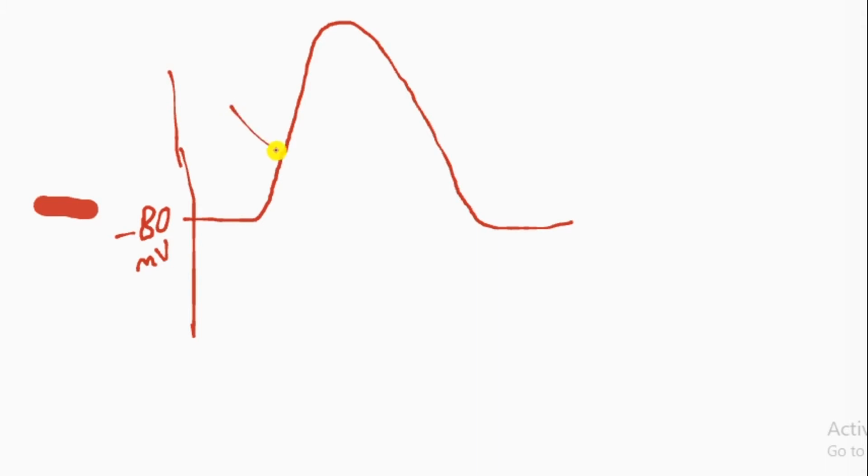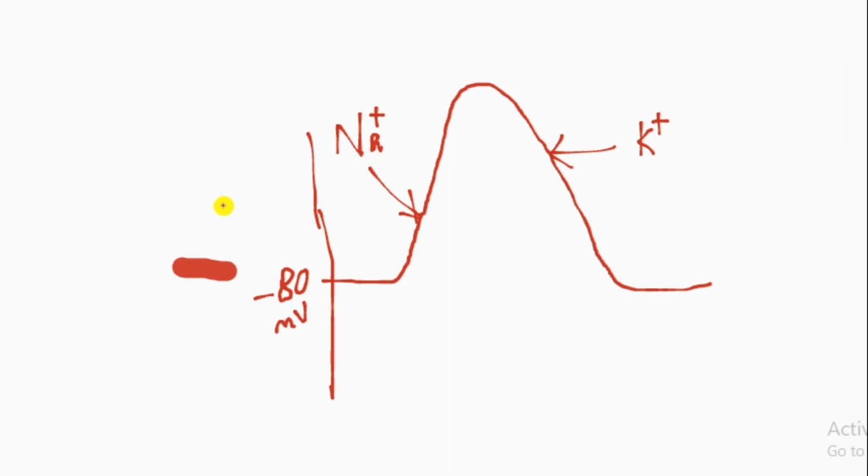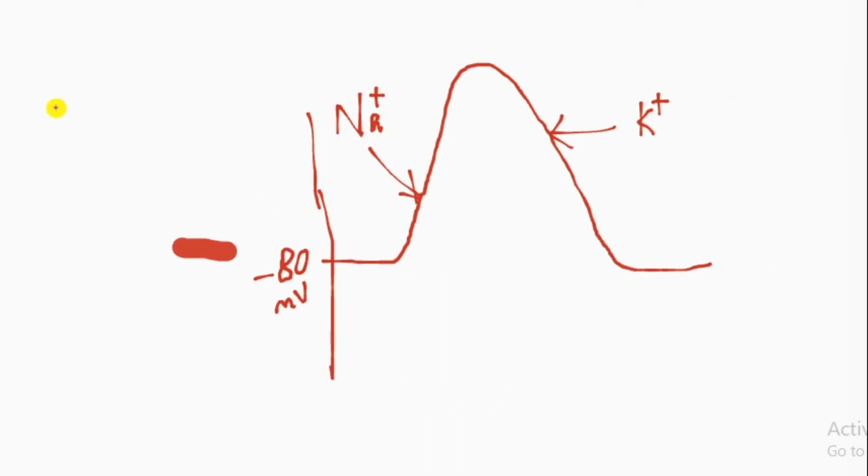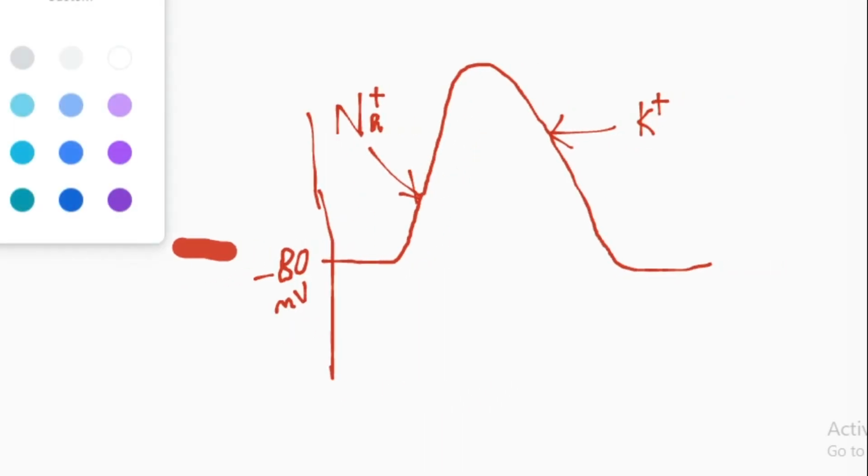Cells undergo depolarization due to Na+ influx, and cells undergo repolarization due to K+ efflux. Then it attains its normal position.